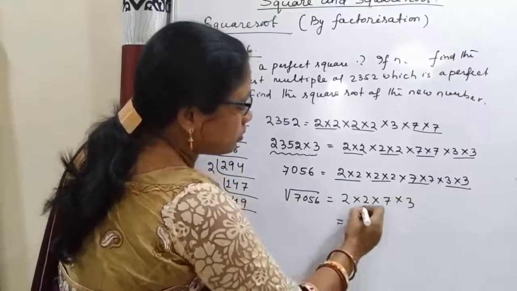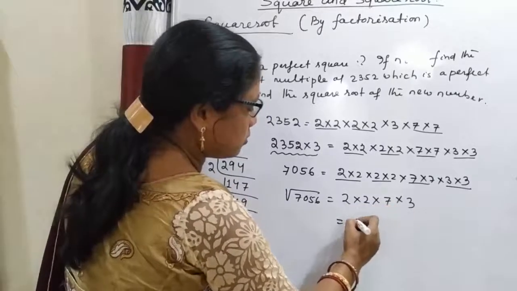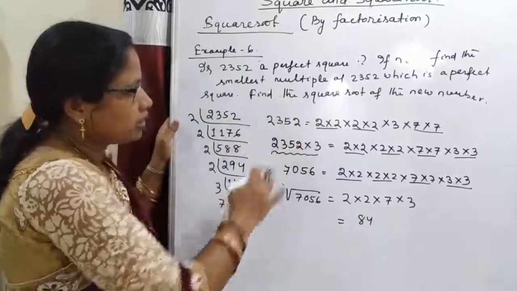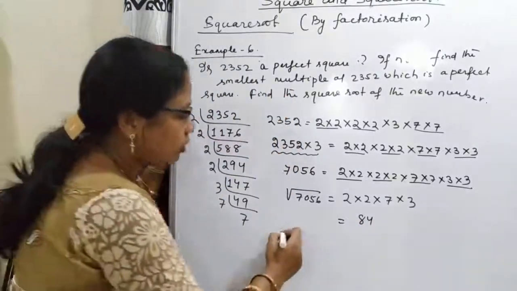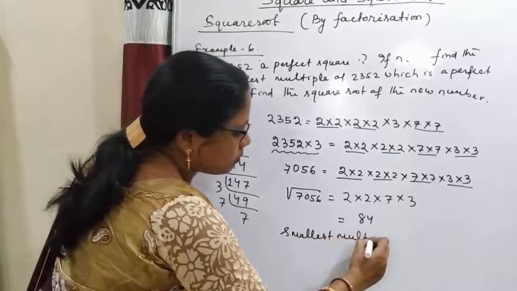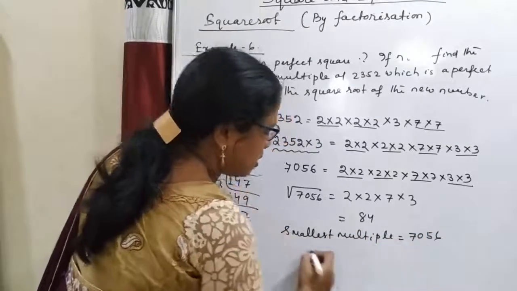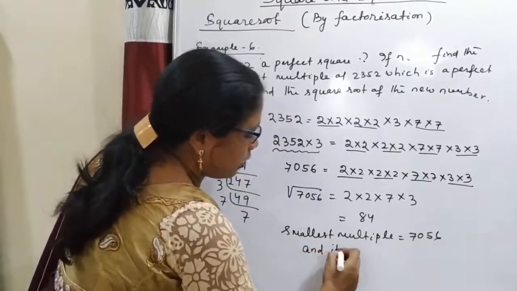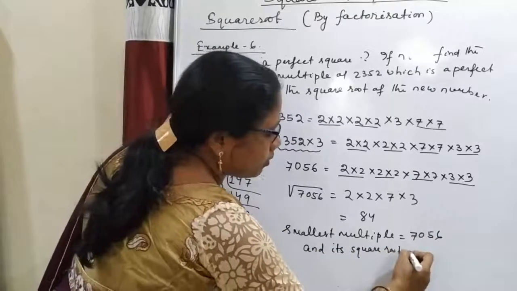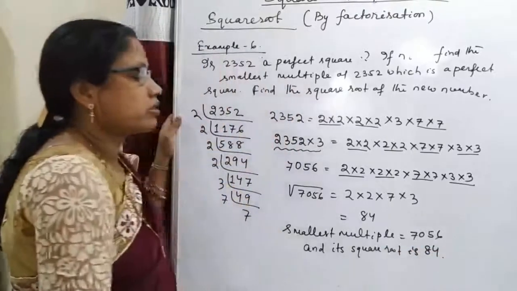So this is equal to 84. So the question is, what is the smallest multiple? The smallest multiple is 7056, and its square root is 84. So this is the answer.